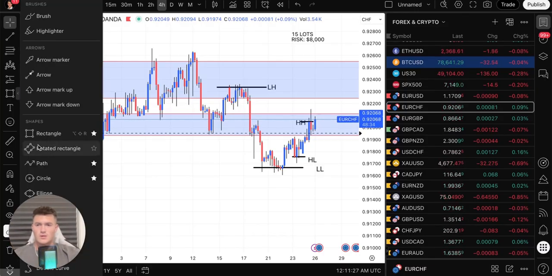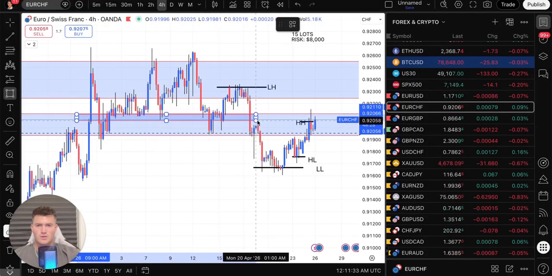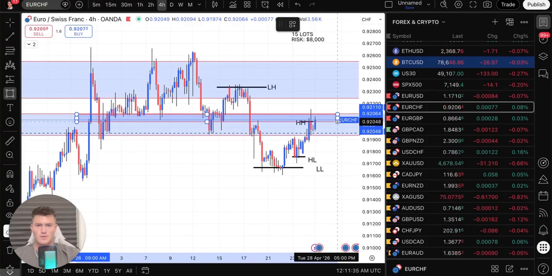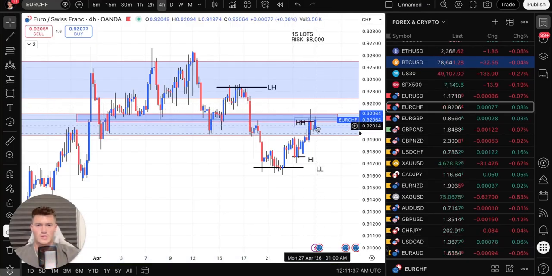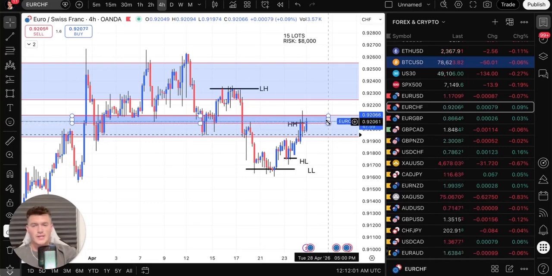So if I see something like this, I could assume that this is going to reject this area here just because we have these taps into this area, but I'm not going to base an entire trade off of a 4-hour area of interest.